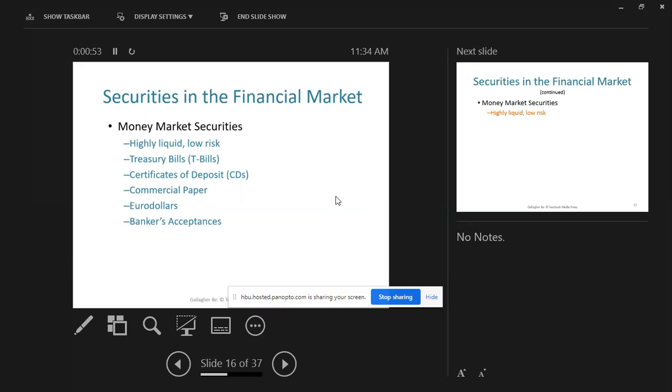The federal government issues 3 different types of securities. T-bills: 3 months, 6 months, 9 months, short term, no more than 1 year. Treasury notes are also issued by the federal government, with 1 to 5 years maturity.